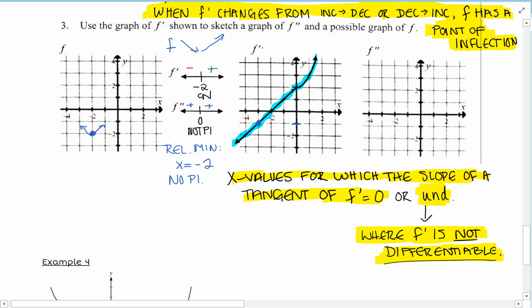The y value on the f prime graph is the slope of the f graph at the x value given. So the slope at negative 3 is negative 1. I want the slope here to be negative 1. Is that a slope of negative 1?